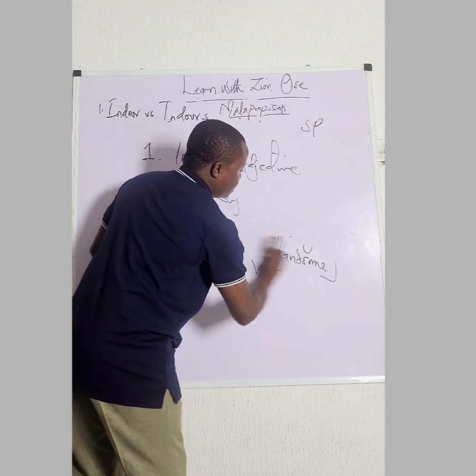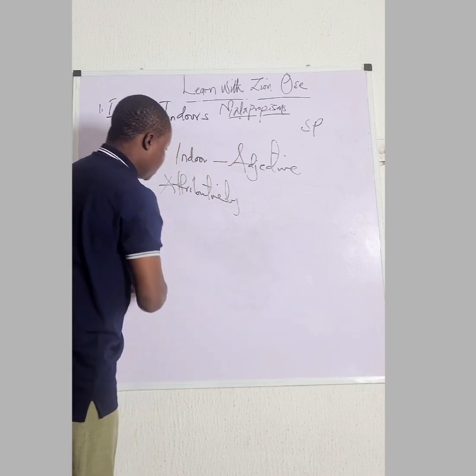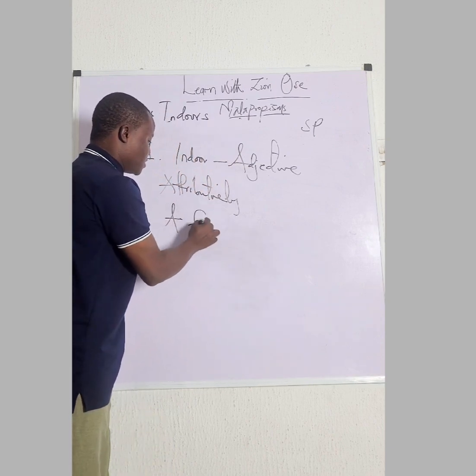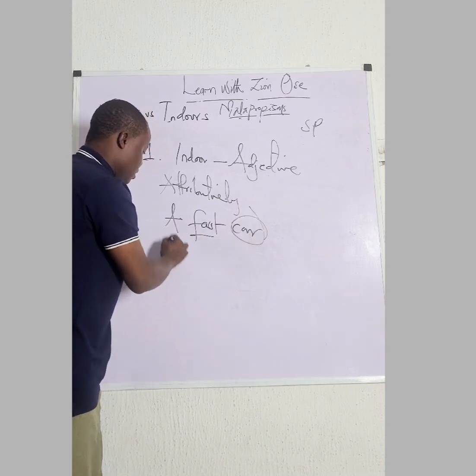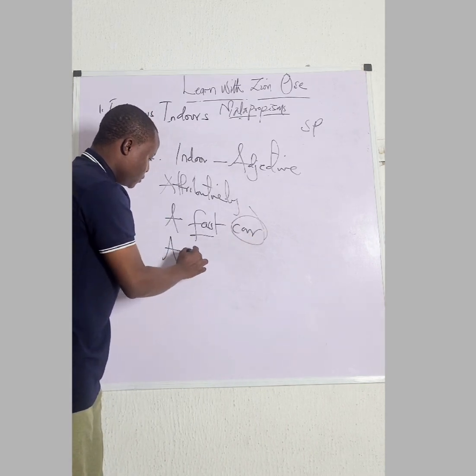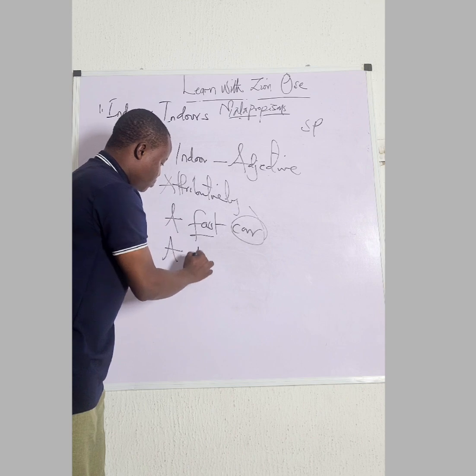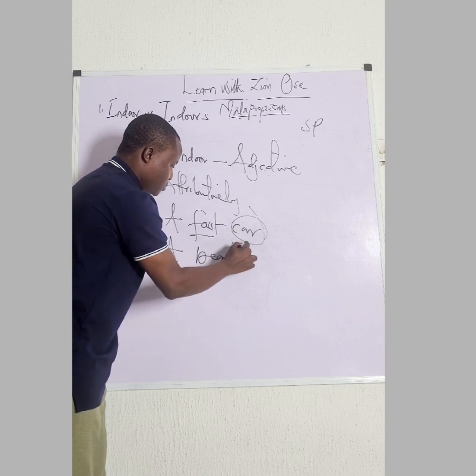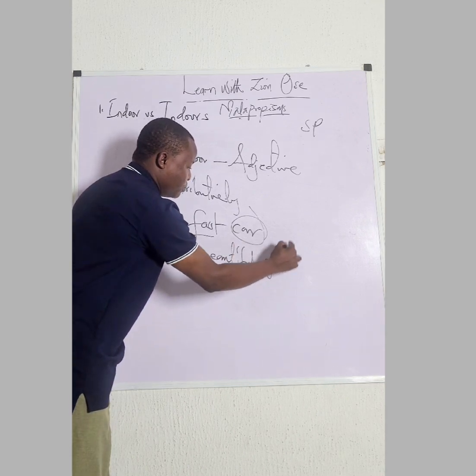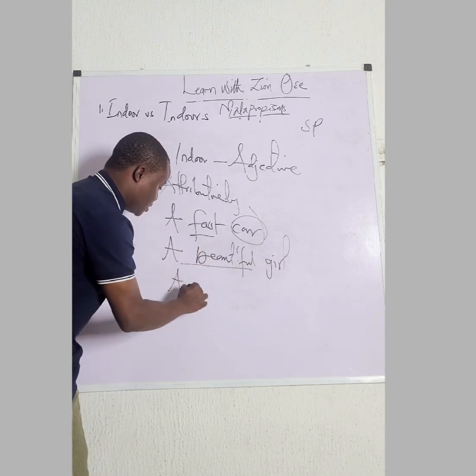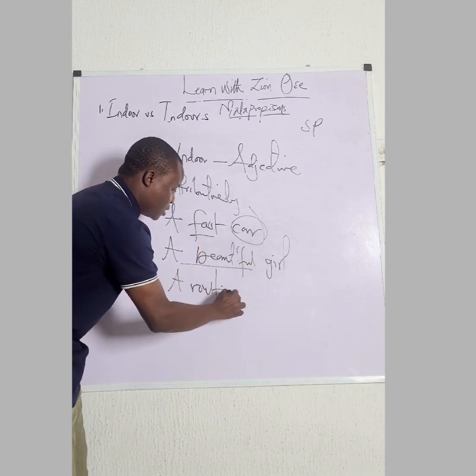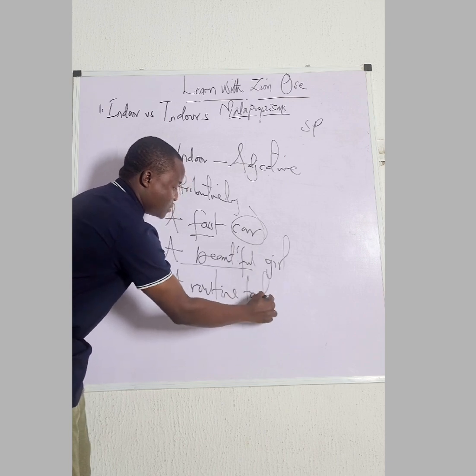So other examples of adjectives include a fast car, where fast describes the car, a beautiful girl, where beautiful describes the girl. We have more examples like a routine task, where routine describes the task.